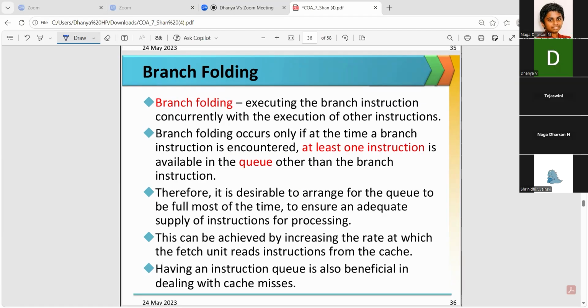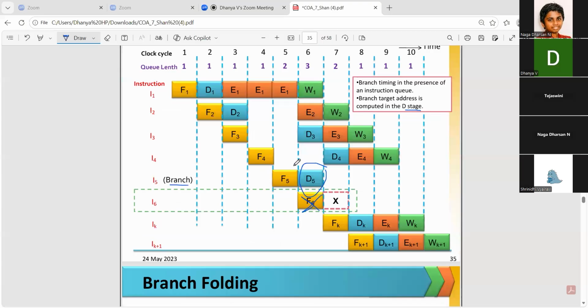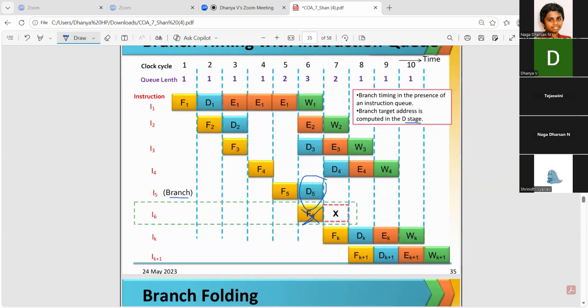Let's say a condition where the signpost itself is removed, the left and right thing itself is removed, so you don't really stop at anything. You just directly go into whatever path you wanted to go. So you are actually trying to avoid that branch itself. In terms of this, you prefetch and keep the branch itself beforehand.